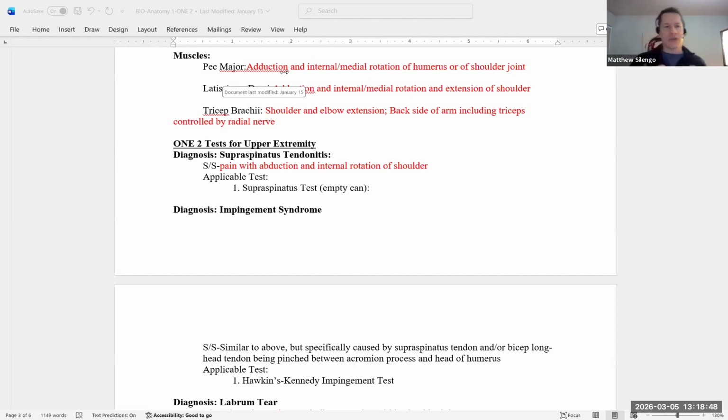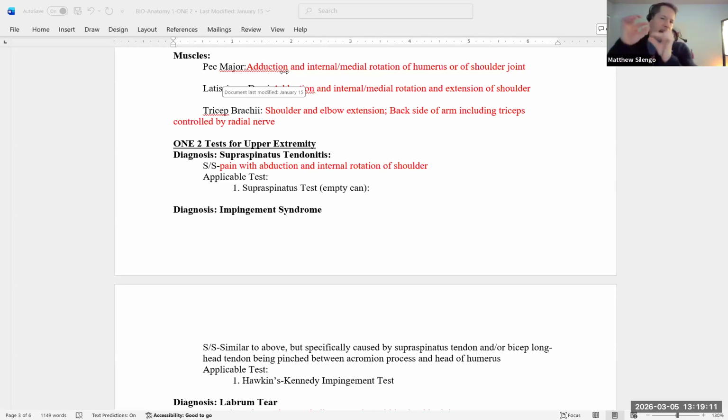If you get a question about the pectoralis major, those are going to be the primary actions. Now, if you were to go to your Trail Guide to the Body, you're going to see a whole bunch of functions written for pectoralis major because you may recall that the muscle fibers run in different directions, different orientations. Basically, there's some muscle fibers that originate up here, so they're running somewhat downward, some that are going directly across, and some that are running somewhat upward.